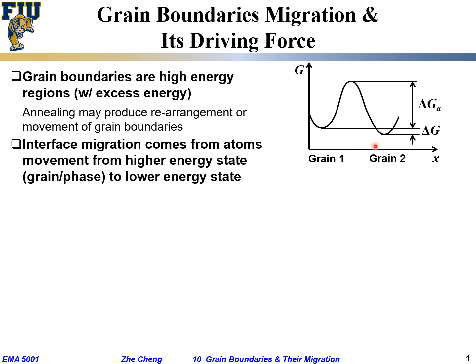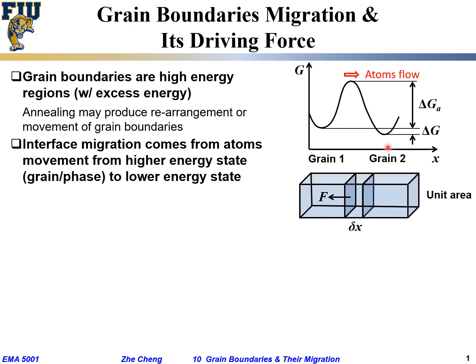Some of the atoms would have enough kinetic energy to overcome this barrier. Then that atom would move naturally from a high energy state to a low energy state, from grain 1 to grain 2. That's the typical, so-called spontaneous case.